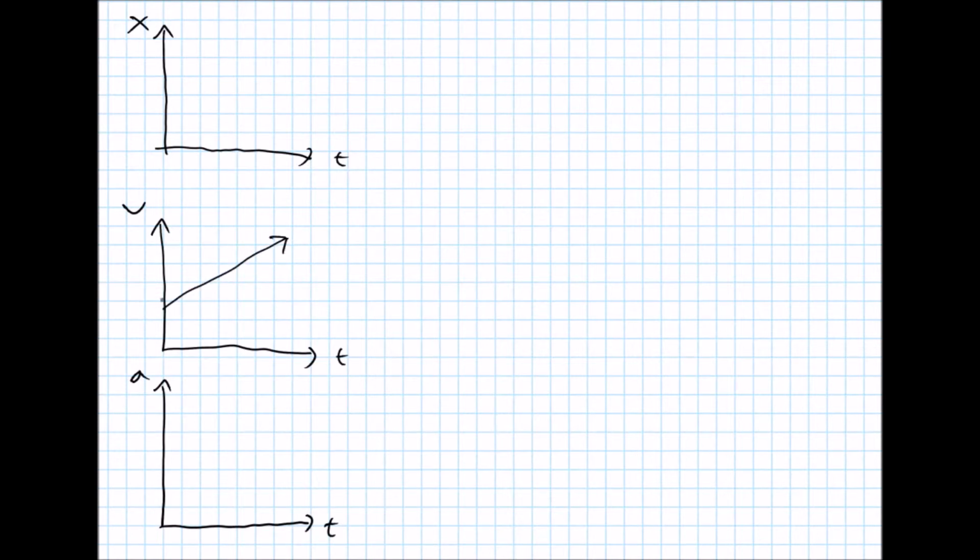Looks like it started out at some positive value and increased. And it's a straight line. So, well, if velocity is increasing, then I know that there is some positive acceleration. And I know it's going to be moving in the positive direction because it's positive velocity. Now, this reasoning is helpful, but almost unnecessary if you understand calculus.